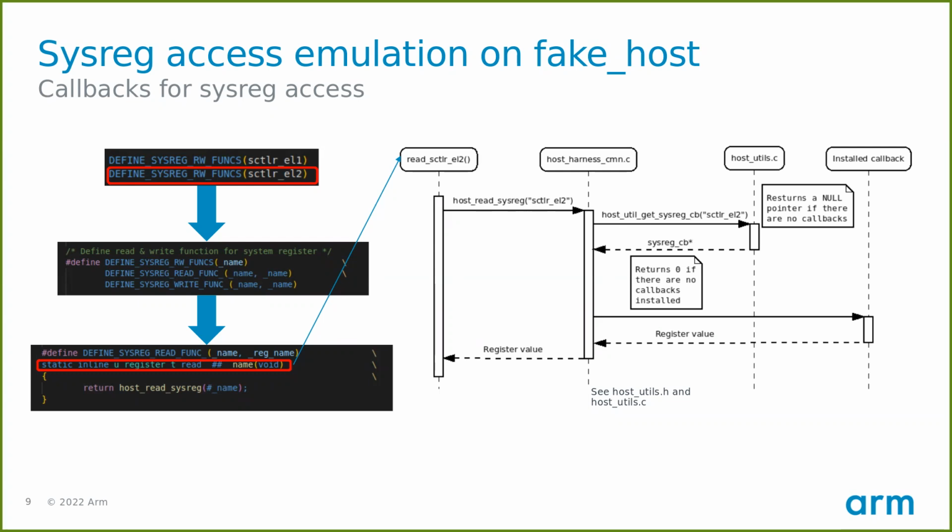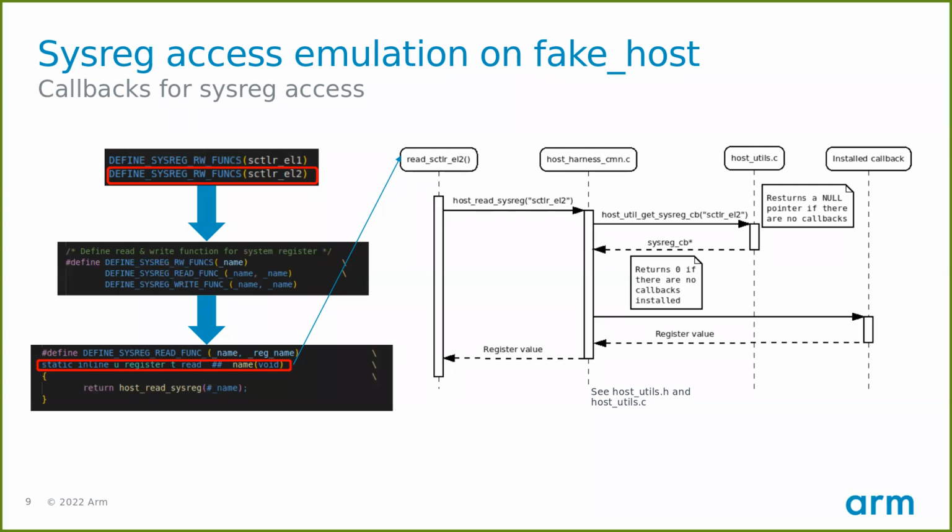Another thing that we do with this is we use it to emulate different PEs. Because TF-RMM stores the CPU ID inside SCTLR EL2, we define a different SCTLR EL2 for each PE. And when we want to jump to one CPU or another, or emulate that we are running on one CPU or another, we just modify the value stored in that register.